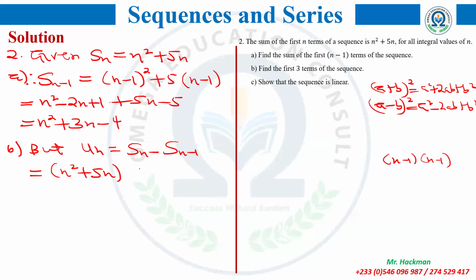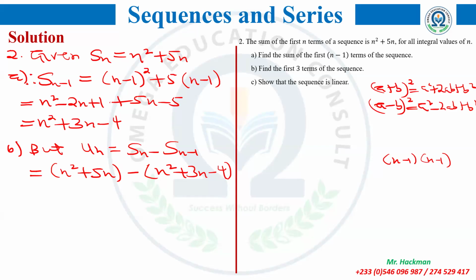Then minus S sub n minus 1, what did we get? This. So 3 terms, you put everything in brackets: n squared plus 3n minus 4. Is my point well made, my professors? Yes, please.